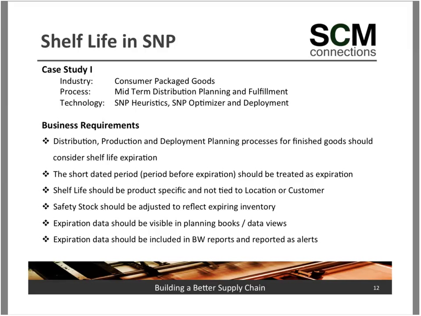So we talked through the options of utilizing the minimum shelf life and having both the true expiration date as well as the minimum shelf life available in the system.